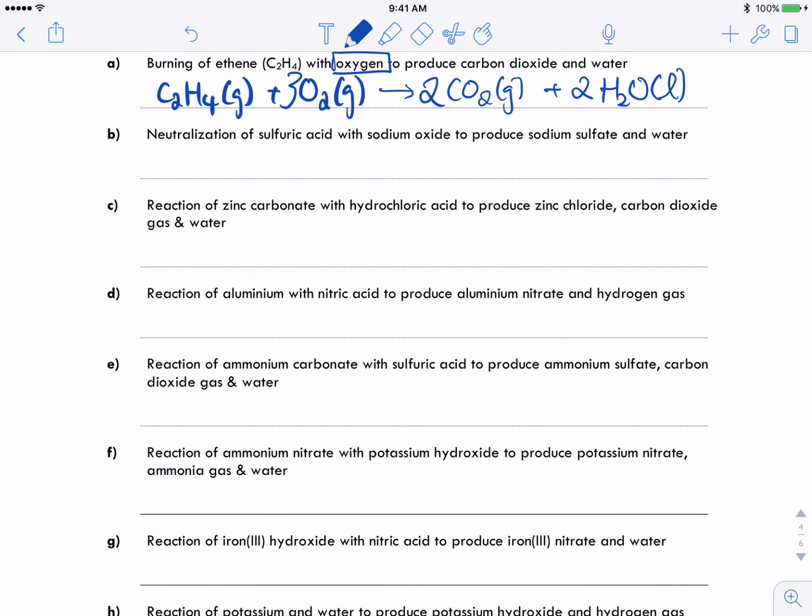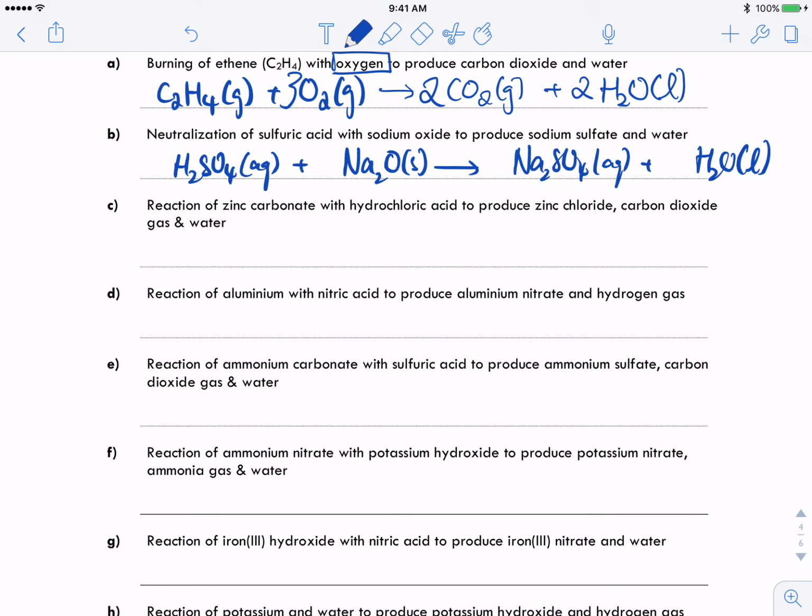Neutralization of sulfuric acid with sodium oxide to produce sodium sulfate and water. So again, the first step is to write down the correct formula. H2SO4 plus Na2O to give us Na2SO4 and water.